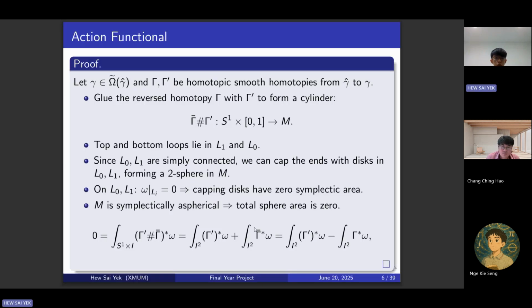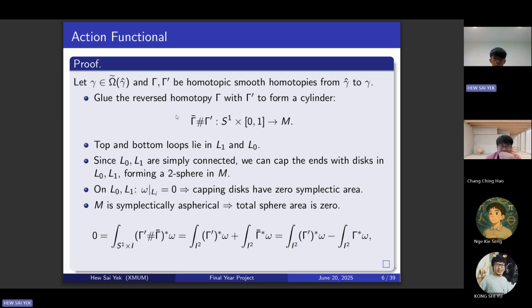Now we want to show the action functional is well defined. Take another homotopy class. Then we can glue the homotopy and the reverse homotopy to form a cylinder. Now the top and bottom loops are in the Lagrangian submanifolds. Since they are simply connected, we can cap them with topological disks in L0 and L1.